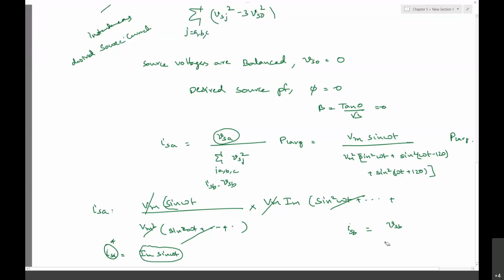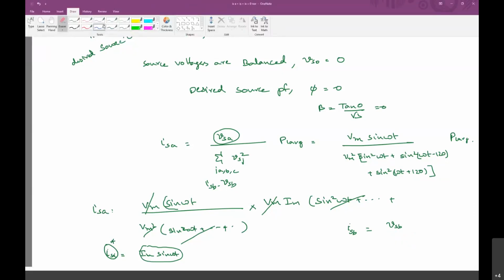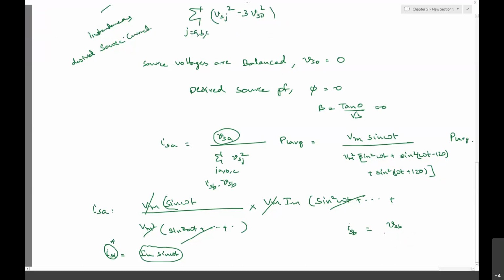Here what we get was VSB by summation of VSJ whole square of PL average. This is the expression for the B phase. We get here Im of sine of omega t minus 120, and this will be cancelling out.